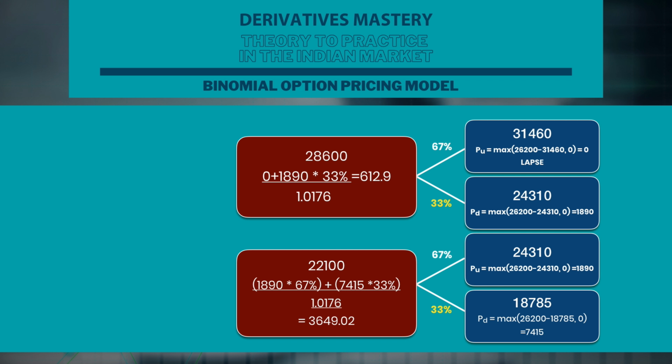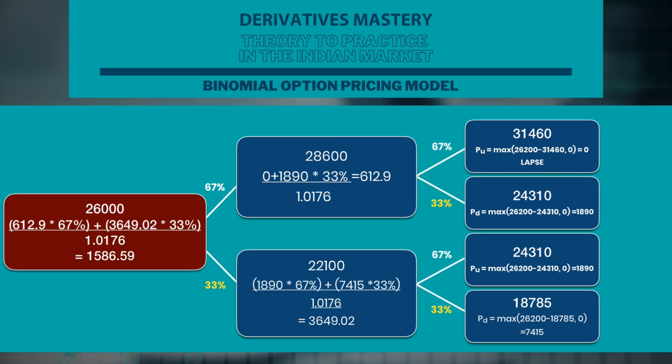So finally, we have come to the starting node at 26,000. The option value here is calculated by combining the values at 28,600 and 22,100 using the probabilities of moving up or down. So there is a 67% chance of moving up to 28,600 where the value is 612.9, and a 33% chance of moving down to 22,100 where the value is 3,649.02.